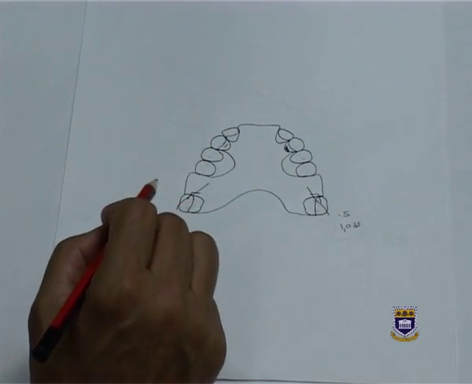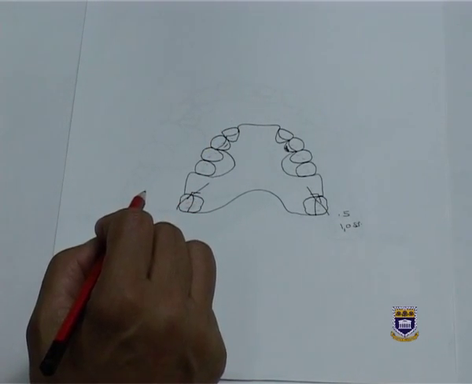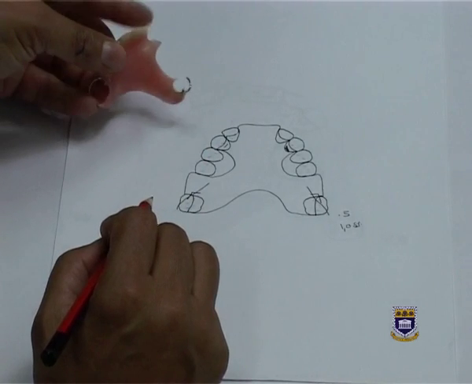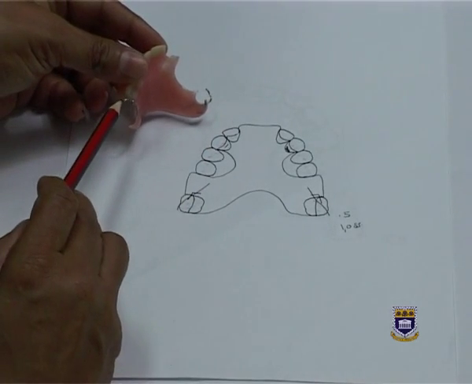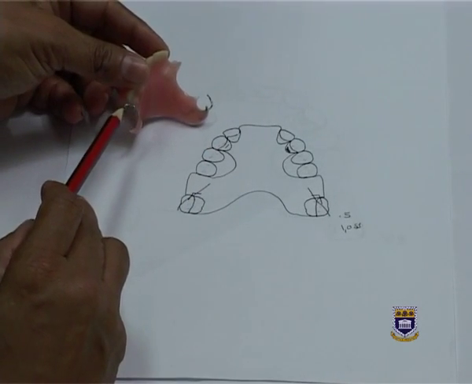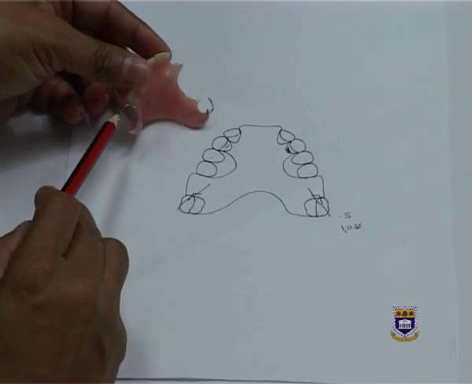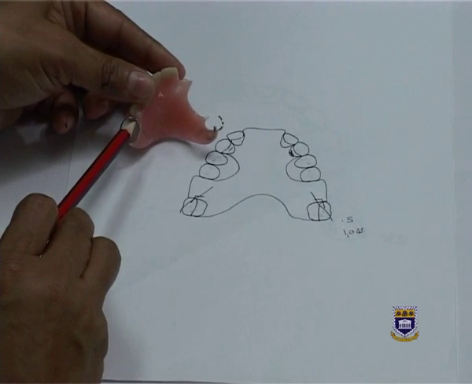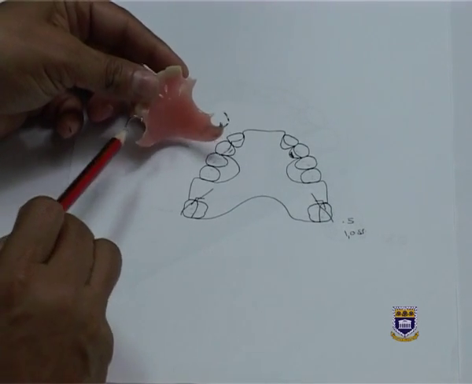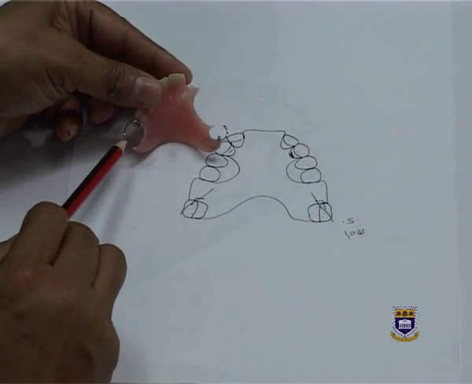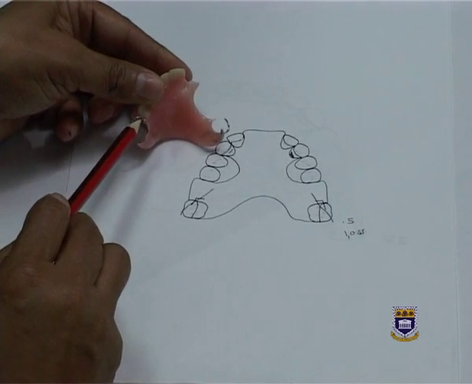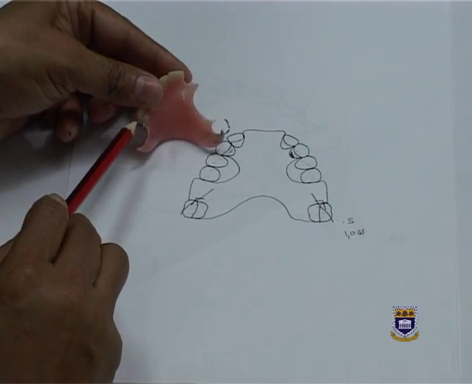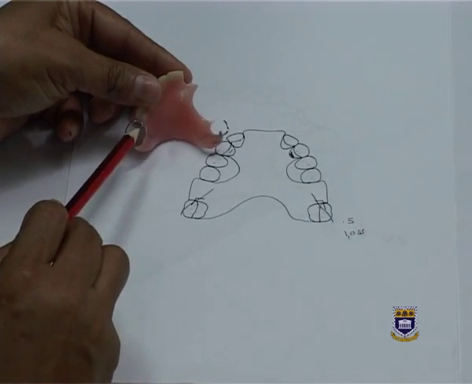Now if we look at an acrylic partial denture, this will be a C-clasp that is constructed, that is made out of stainless steel, and we have a half round wire mesial rest in this case. So this is what it will look like in the clinic or in practical, and a C-clasp engaging the distal undercut with a mesial occlusal rest.